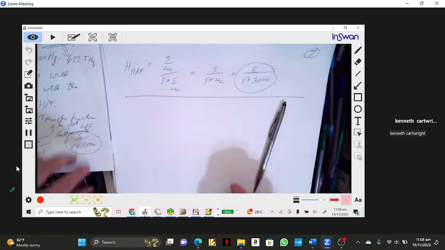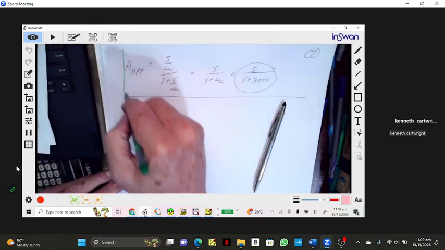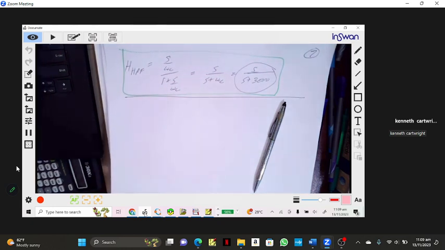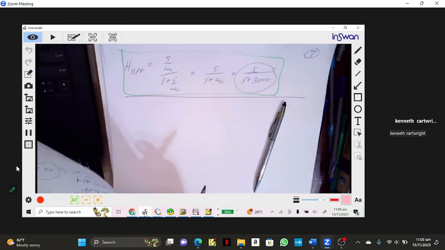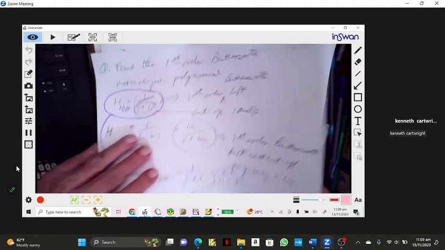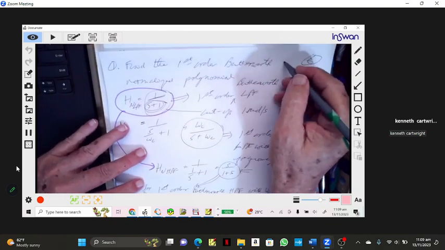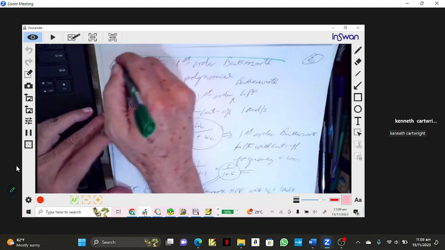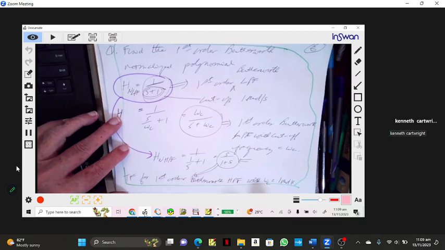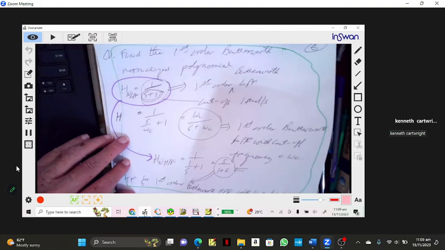All of this green was an aside. That's not part of our problem. That's how we come up with the analog transfer function we want.